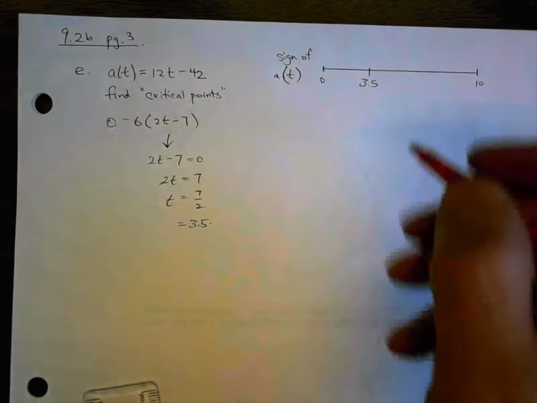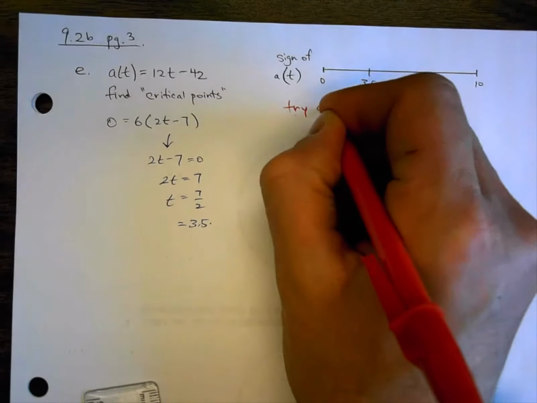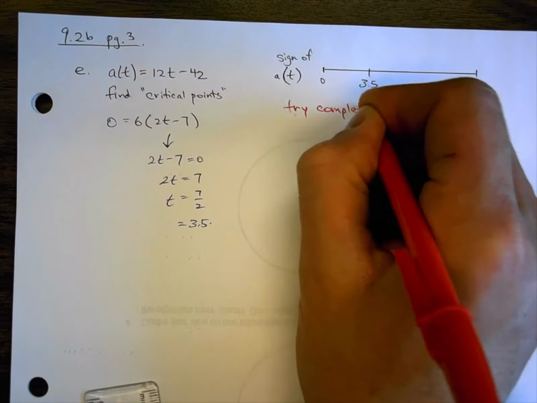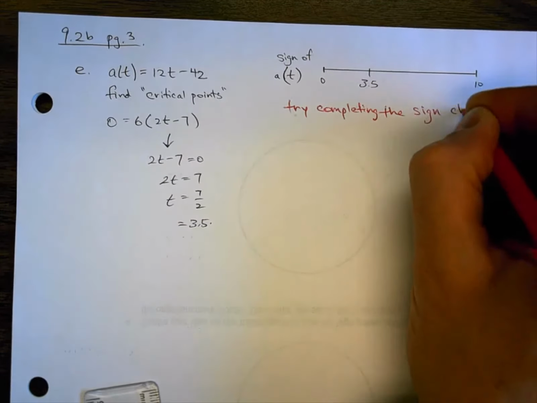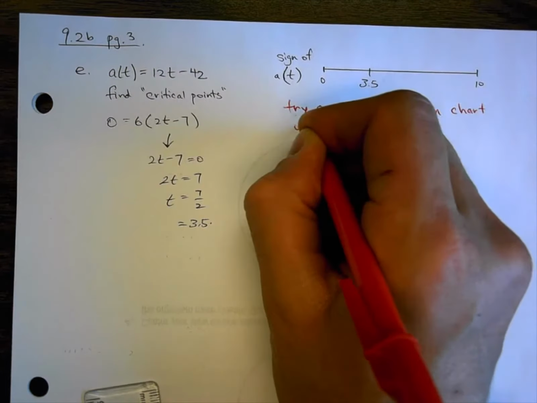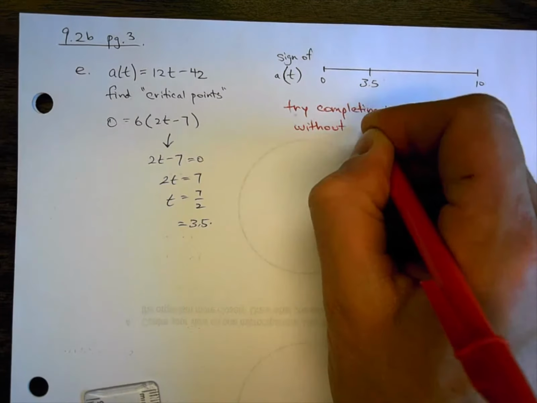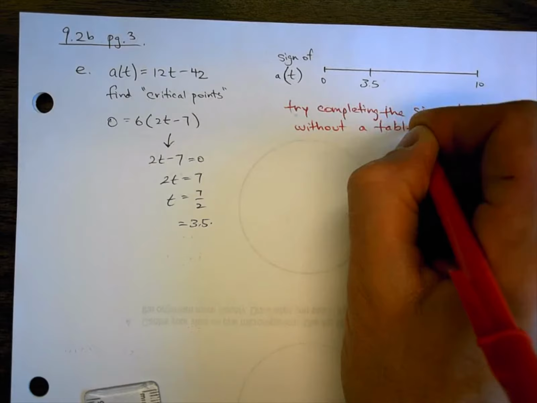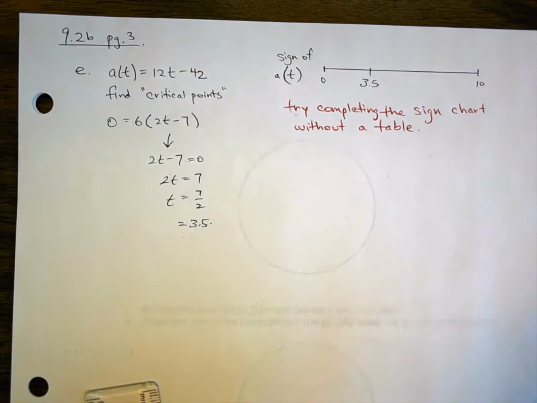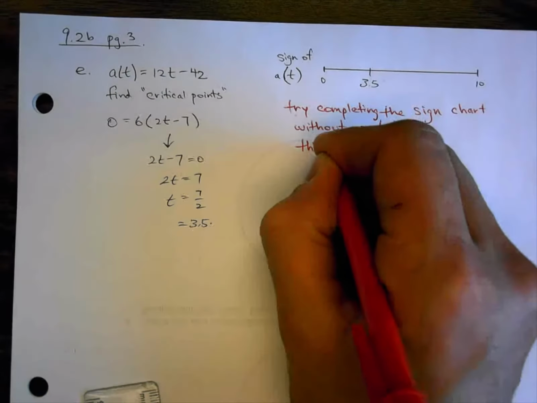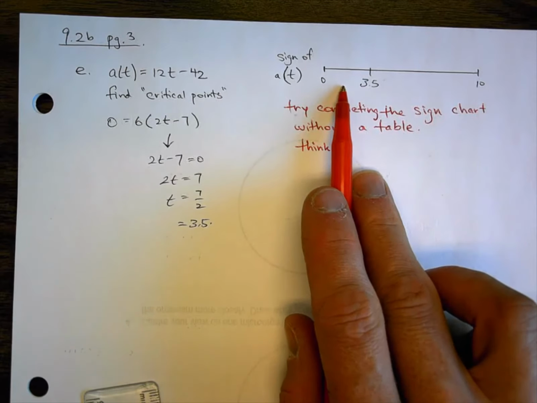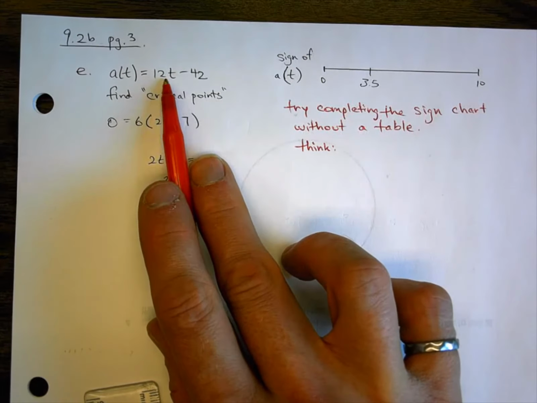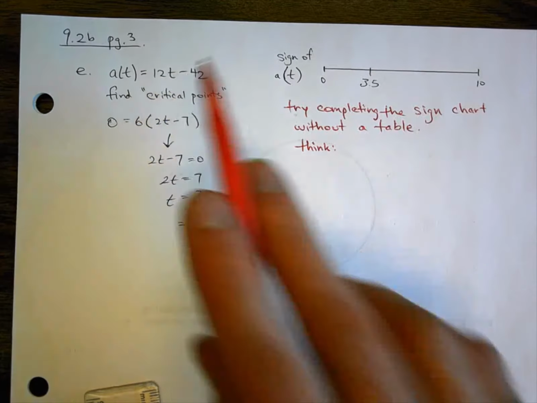Now you could probably do this. Try completing the sign chart without a table. You might be able to do this without a table because it's not really super tough. Just need to think a little bit. If I choose a number less than 3.5, say 1, and I sub that into my equation, I get 12 times 1 minus 42.